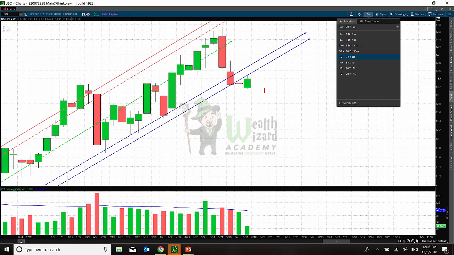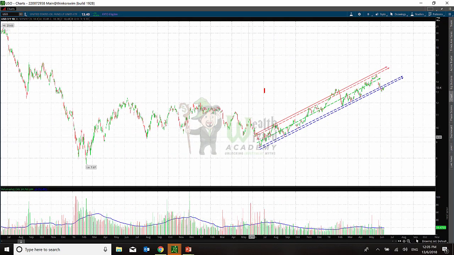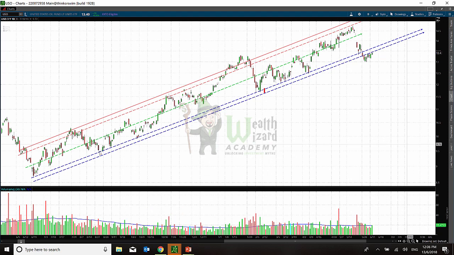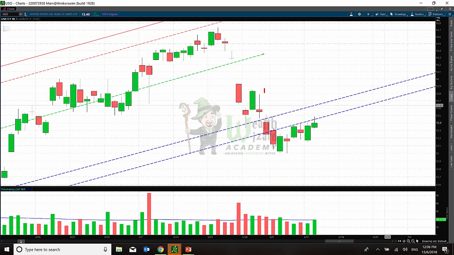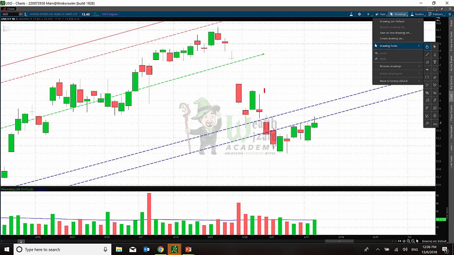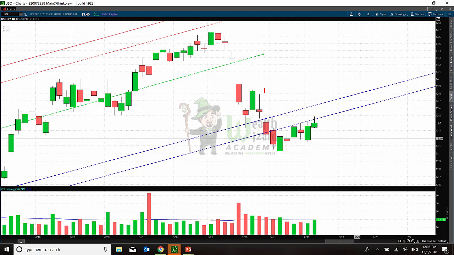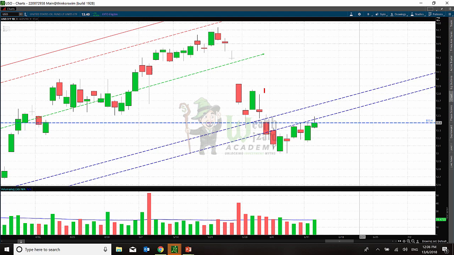If we look at the daily chart, it becomes a bit clearer to see the channel. So let's assume we buy it at $13.40. We are here. We had a hammer over here and then a confirmation over here, for example.